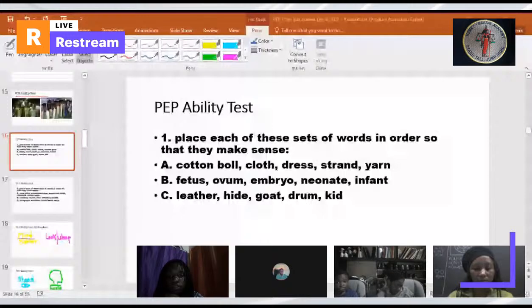No, we're at A, John. We're at A. Okay, miss, with the cloth first, miss. Then, wait, miss, cotton balls, then the cloth, then the yarn, then the dress, and then the strand, miss. Miss, that's what I distracted.